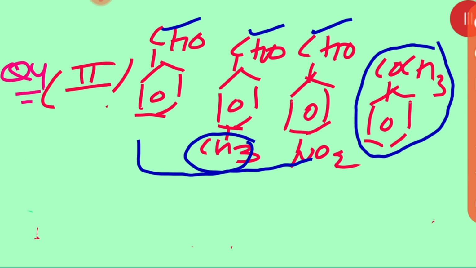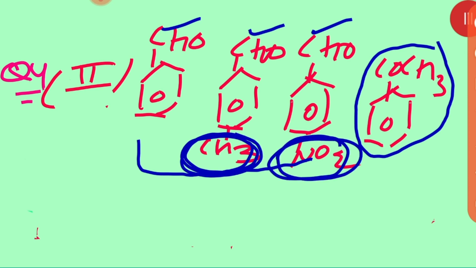Now after that, this CH3 is an electron releasing group, and NO2 is an electron withdrawing group. Once again, CH3 is an electron releasing group, and an electron releasing group always increases the electron density.